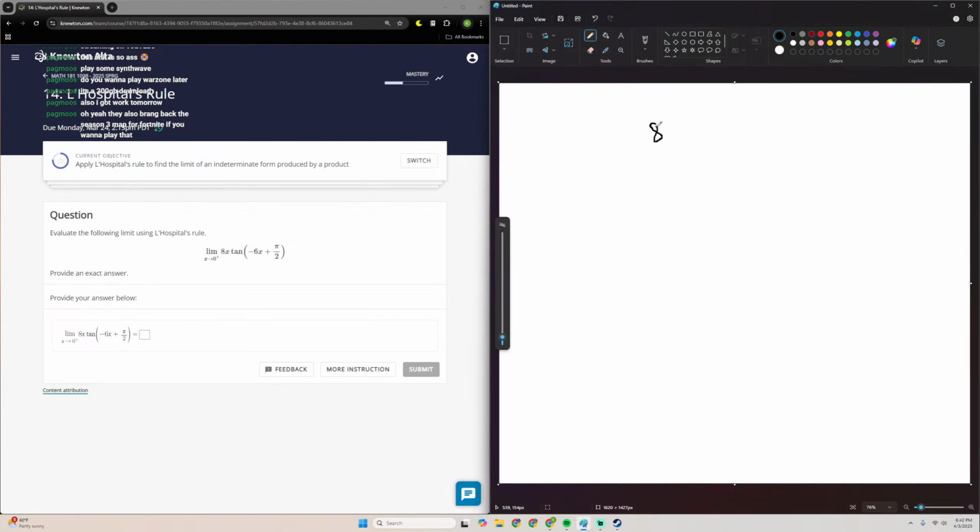This is 8x sine of negative 6x plus pi over 2 divided by cosine negative 6x plus pi over 2. Yeah, okay.